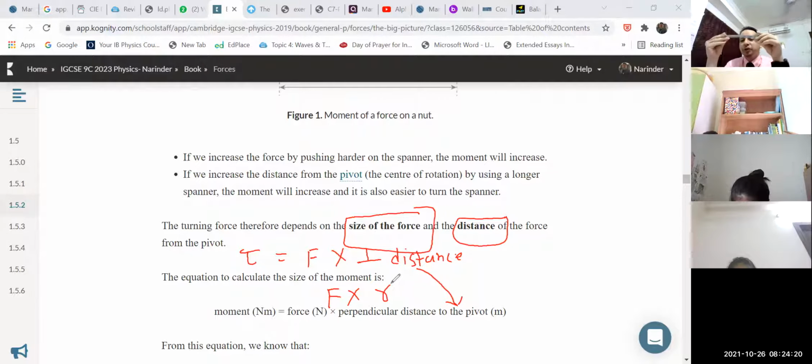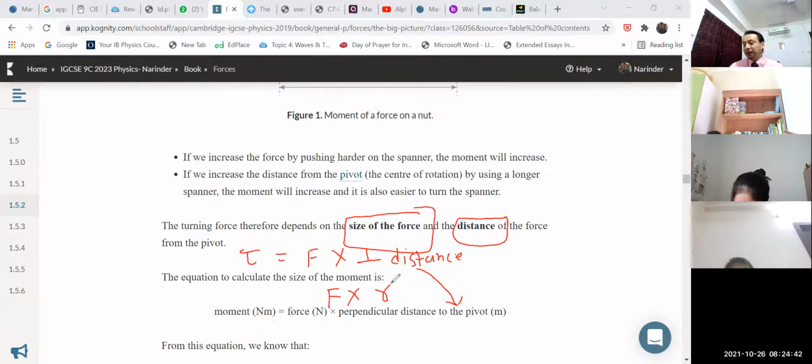Sometimes, children, smaller spanners are not able to open the screw or nuts. You may have seen that to change a punctured wheel in our car, we need spanners, and these spanners are of a longer length.